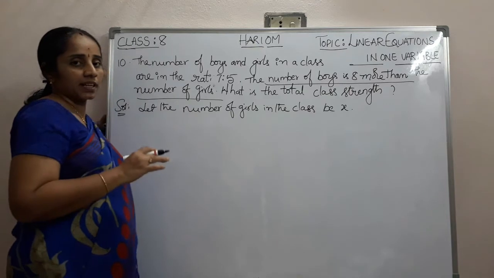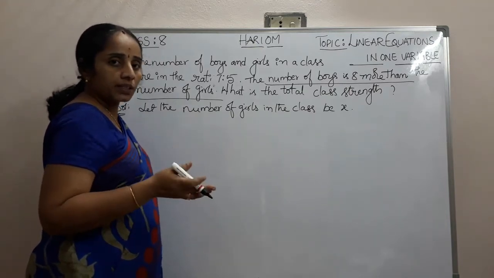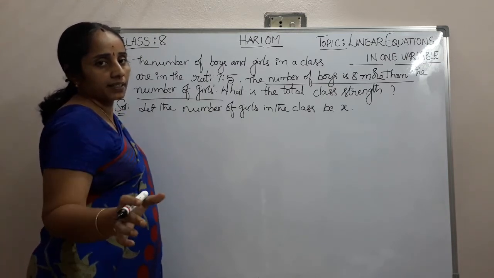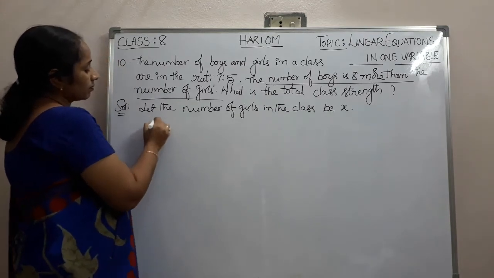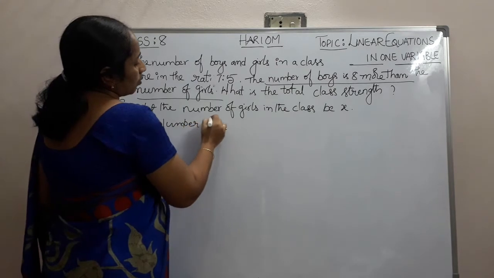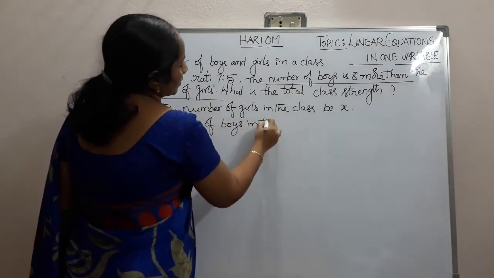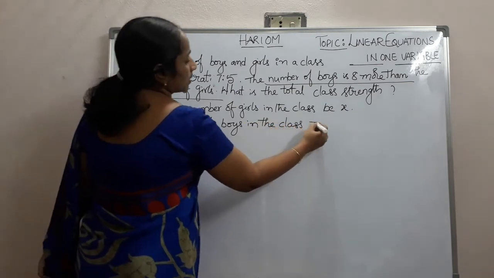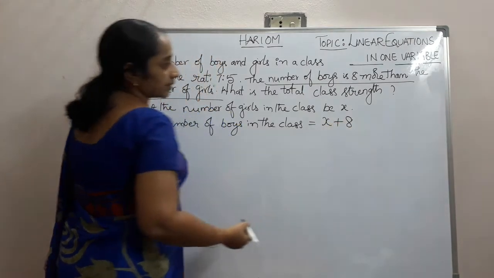In the previous class itself we discussed that if they have given more than, we have to take that number as plus 8. Okay. So number of boys in the class is equal to, they said, girls 8 more, that is x plus 8.